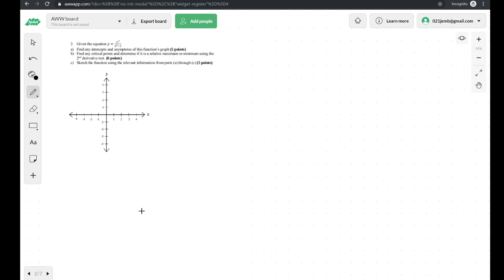First things first, we can find the x and y intercepts really easily. We have y equals x squared divided by x squared minus 1. We let x equal 0, and then we find that y is equal to 0.